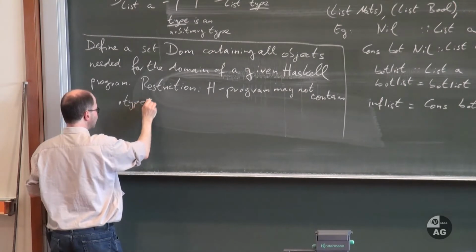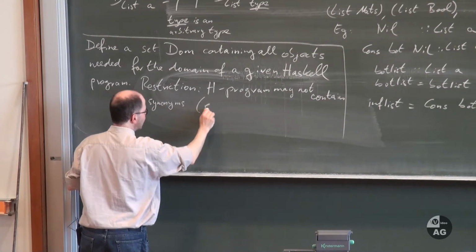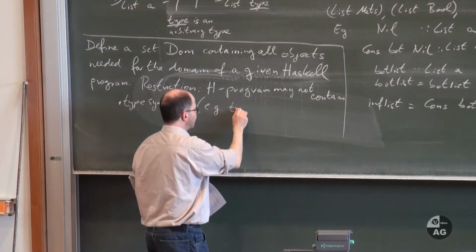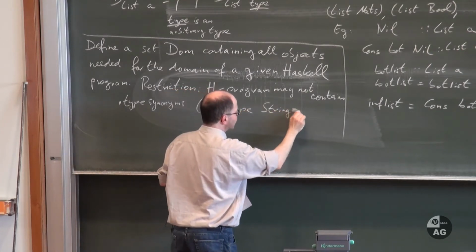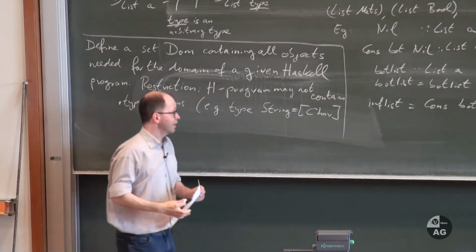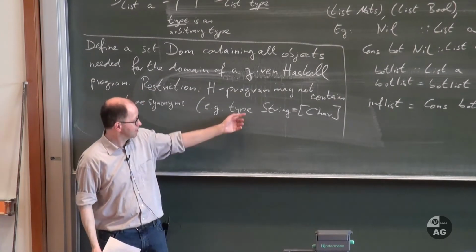What are type synonyms? Type synonyms are declarations starting with the keyword type. So for example, you can say, I want an abbreviation: instead of list of character, I want to introduce the new abbreviation string. Now this is just syntactic sugar, and we just want to make life a little easier by disregarding this.